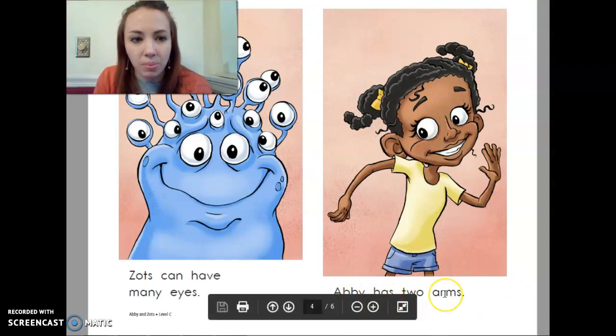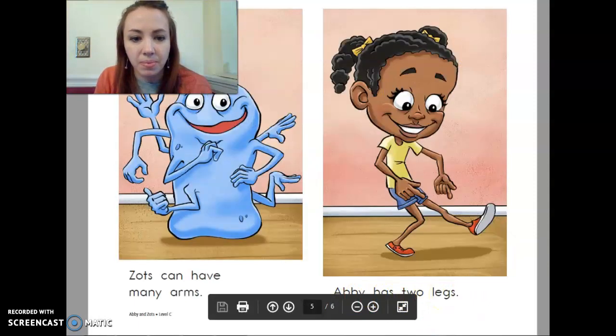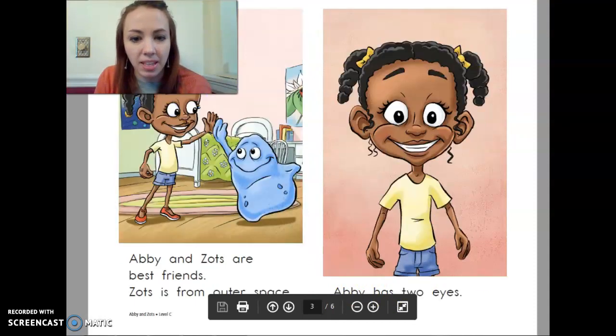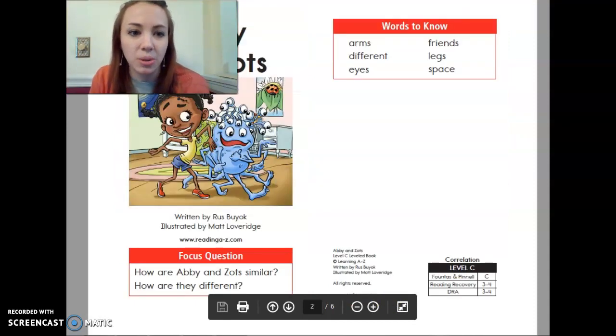Abby has 2 arms. Zots can have many arms. Abby has 2 legs. Zots can have many legs. Abby and Zots are different. They are still best friends. Nice job. All right, let's go back to the beginning and we'll read through our story one more time.